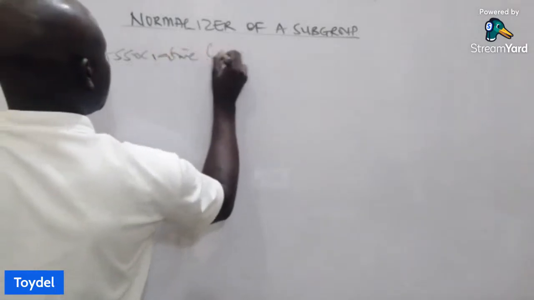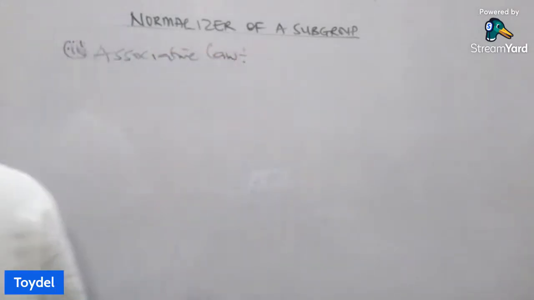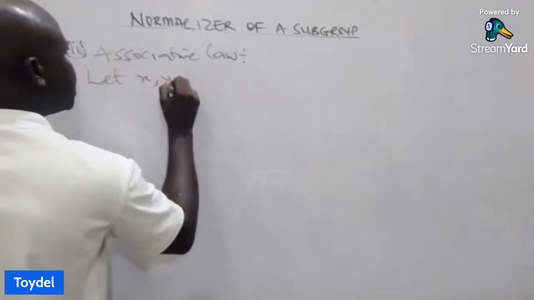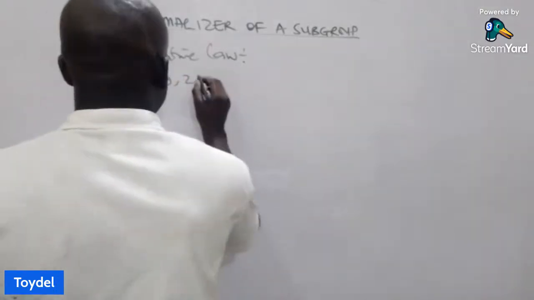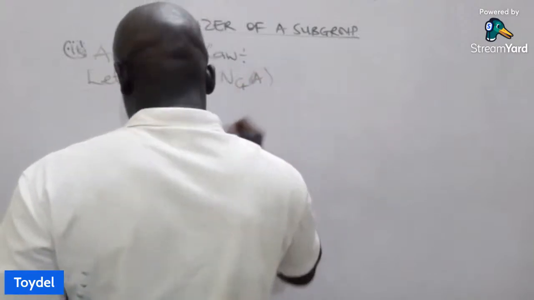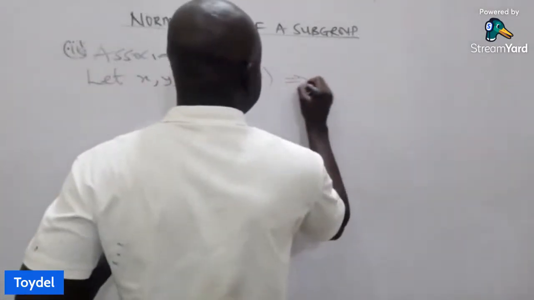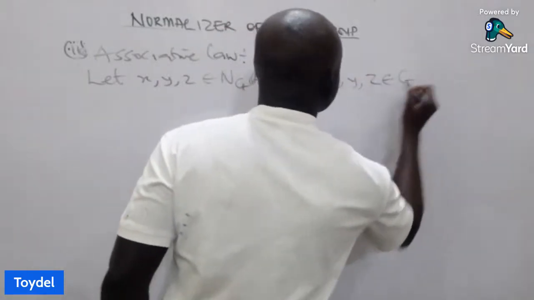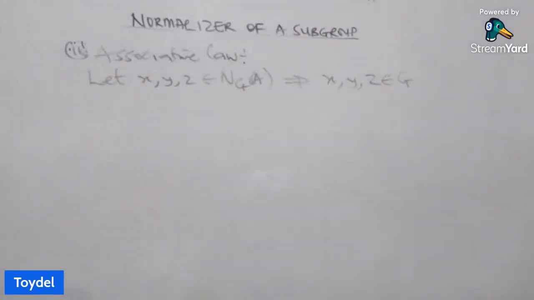So let's go to the associative law. That is the associative property. In this case now, we are going to have 3 elements. We can say let X, Y, and Z belong to the normalizer of the subgroup. This implies that X, Y, Z belong to the group. That's the implication.